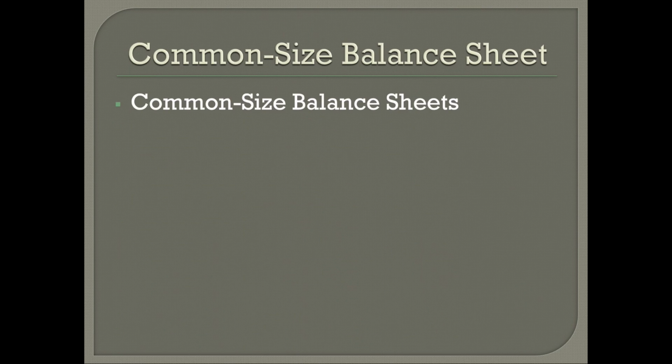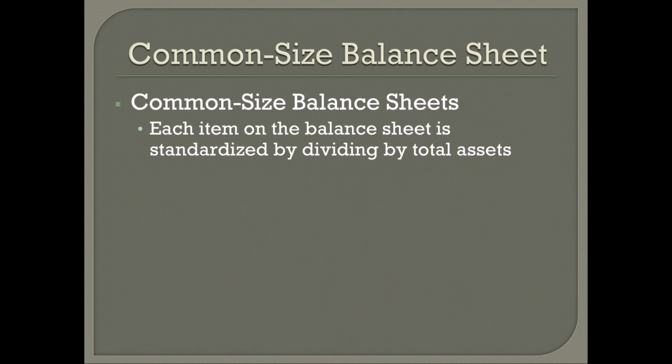The first type of standardized financial statement is what is called a common size balance sheet. With a common size balance sheet, what we will be doing is taking every item on the balance sheet and standardizing it by dividing by total assets. So why are liabilities and stockholders' equity, the right-hand side of our balance sheet, also divided by total assets? That's due to the balance sheet identity.